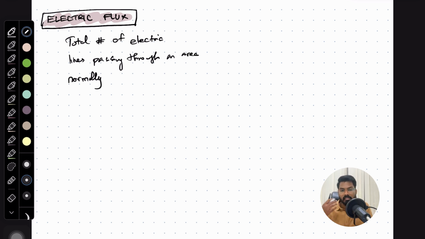That is electric flux. It is the number of lines of force that pass through an area normally. It is a scalar quantity. It doesn't have any direction.